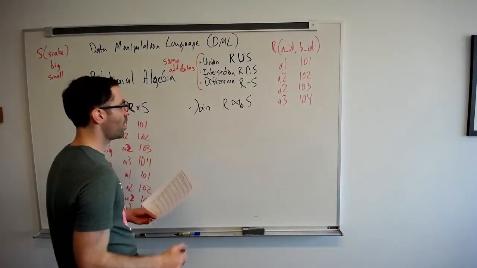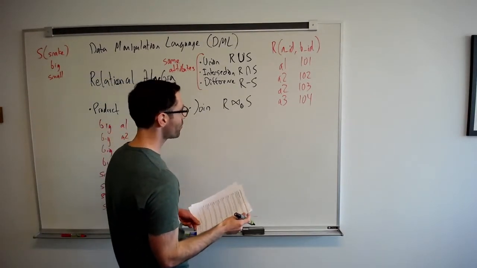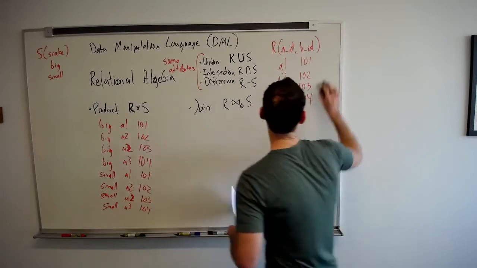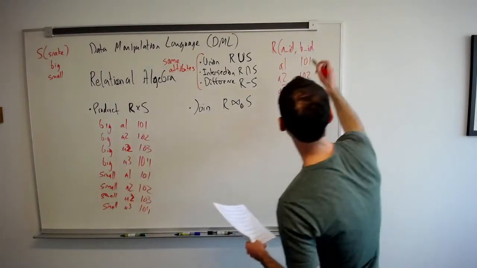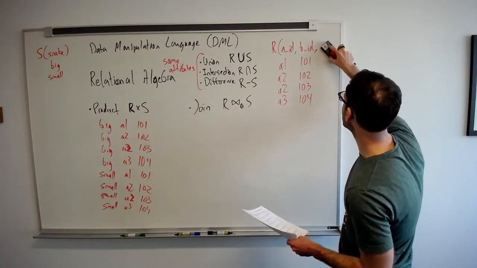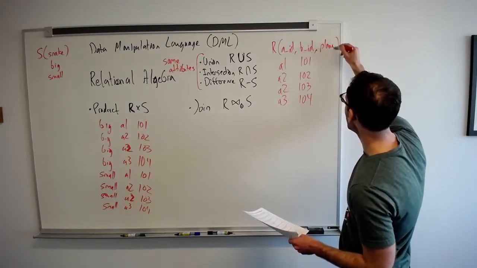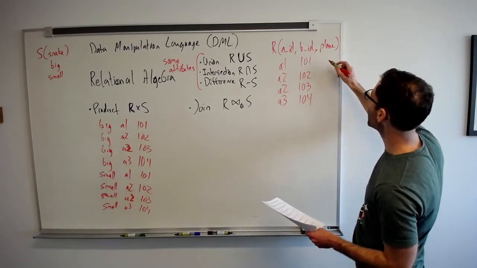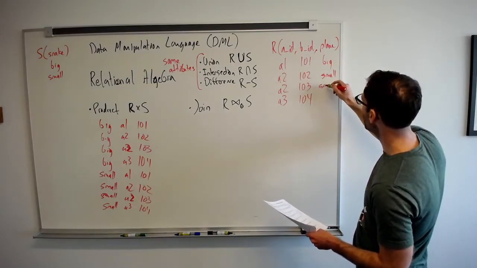A kind of join might be if, say, we enhance our relation here that has, I don't know, a plane attribute, and the plane can be big or small.